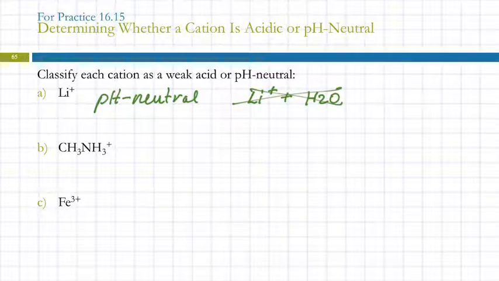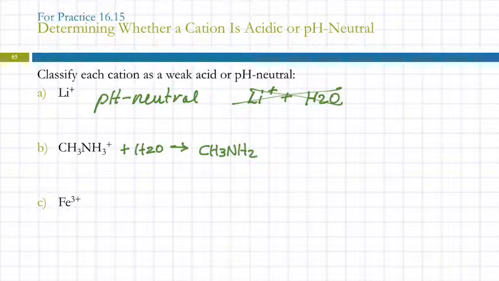Here we've got CH3NH3+. So this has hydrogens on it. It could conceivably donate a hydrogen to a water molecule and form CH3NH2 and hydronium ion. The lithium can't do that.